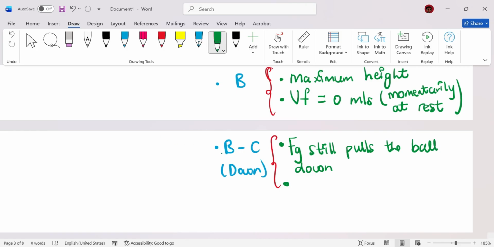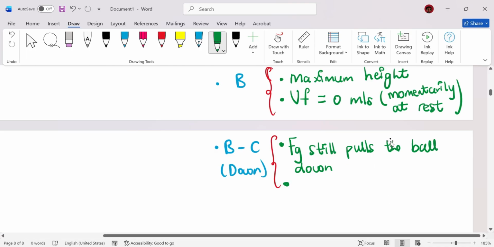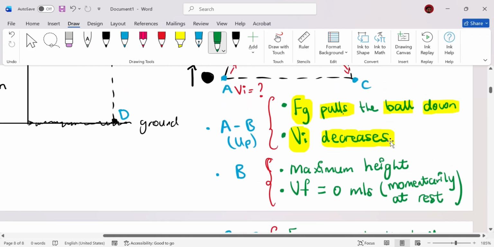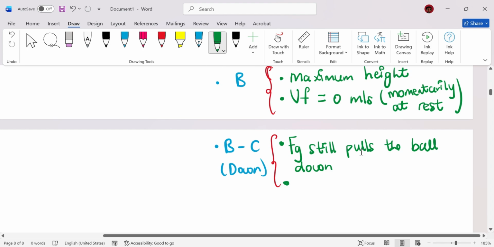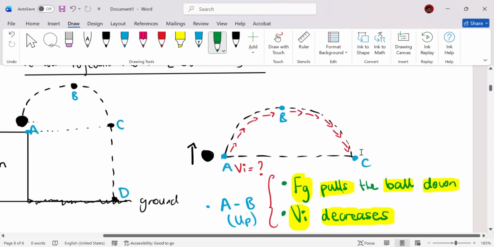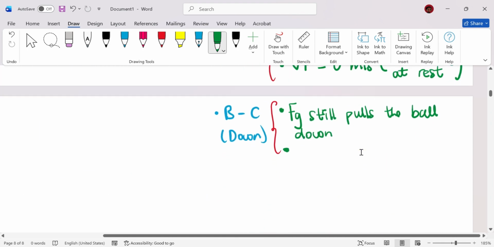When you're moving from B to C, that is when the ball moves downwards. We say that the ball moves downwards because of the fact that FG is still pulling the ball as it was. Remember, from A to B, FG was pulling the ball, right? And then from B to C, FG is still pulling the ball, right? So what does that mean?